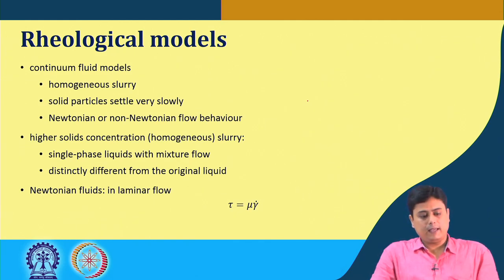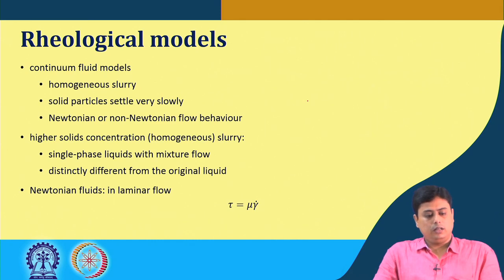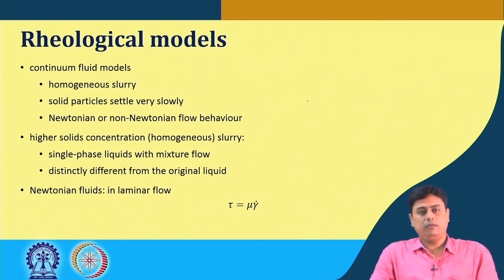In this case, Newtonian and non-Newtonian flow behaviors can be observed, and several slurries exhibit both. But mostly the slurries exhibit non-Newtonian behavior. That also depends on the solids concentration in the slurry.